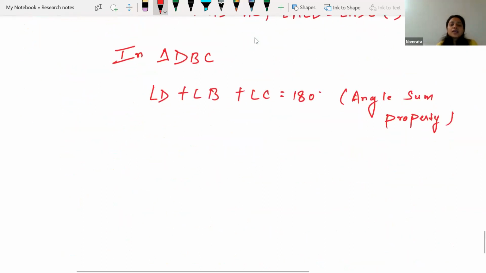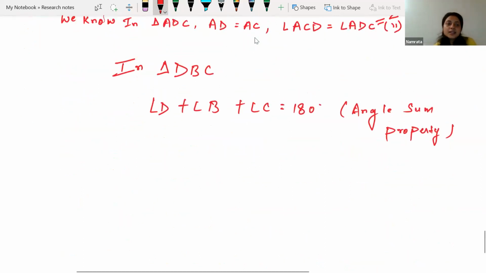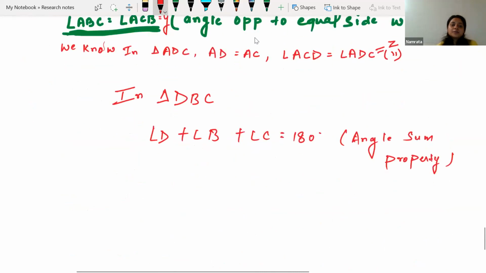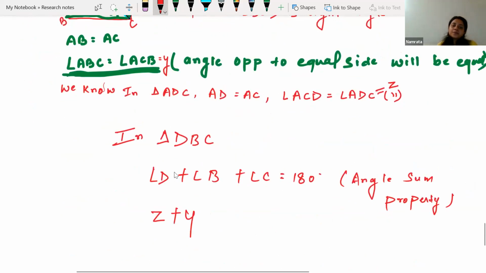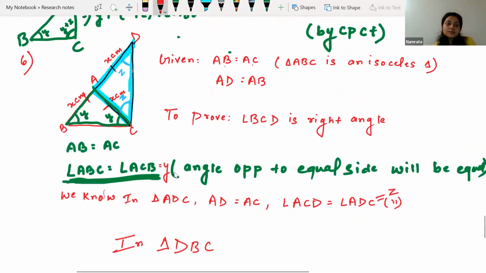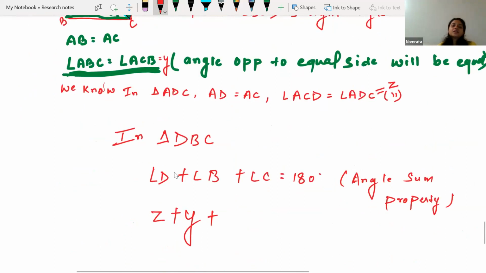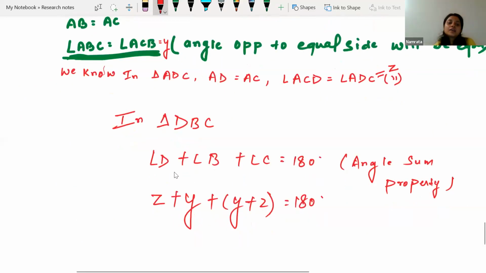So I can say angle D is z, angle B is y, angle C is total y plus z, is equal to 180.